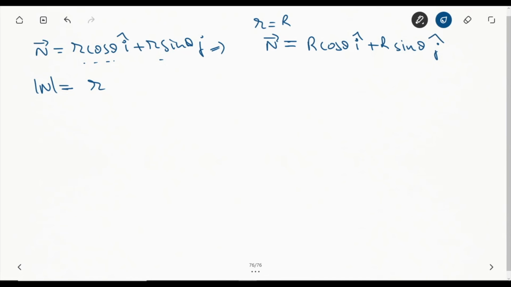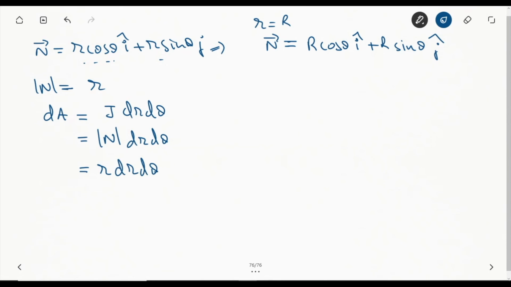So this, as per the Jacobian or stretching factor, dA for the area is given as J into dr d theta, or the magnitude of n into dr d theta. So this becomes r dr d theta, right?